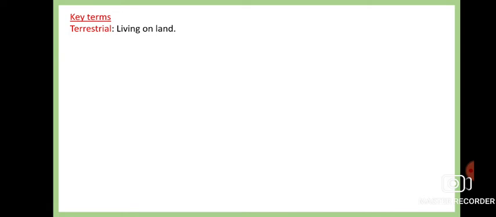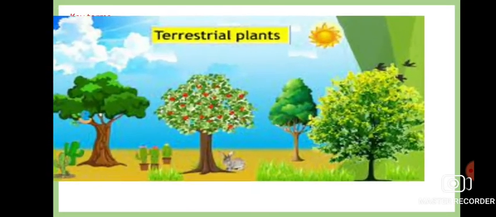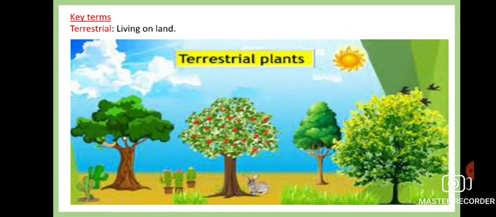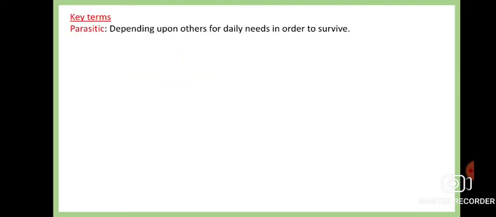Similarly, when plants are living in the water, it is aquatic, and when plants are living on the land, they are known as terrestrial plants.